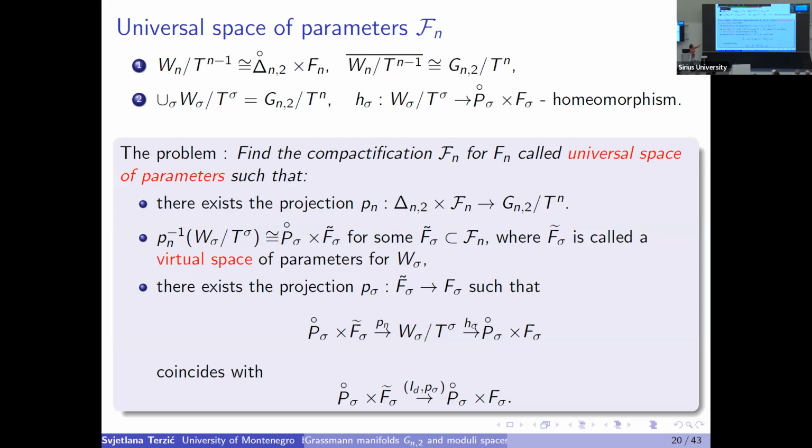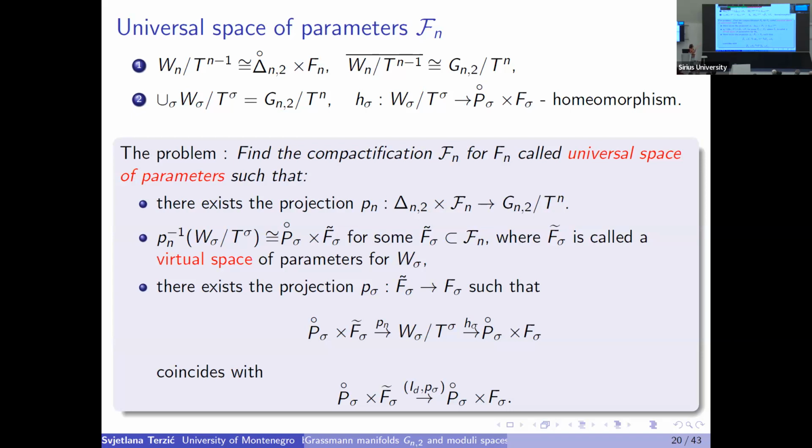So the form delta n2 times Fn, and we have this projection such that the pre-image of the orbit space of each stratum is similar to the orbit space of the stratum itself. So the orbit space of the stratum itself is P sigma 0 times F sigma, and we would like the pre-image in this product to be P sigma 0 times F sigma tilde, for some F sigma tilde in Fn.